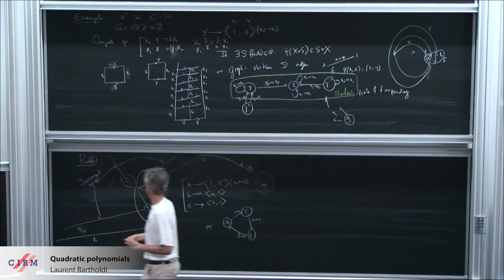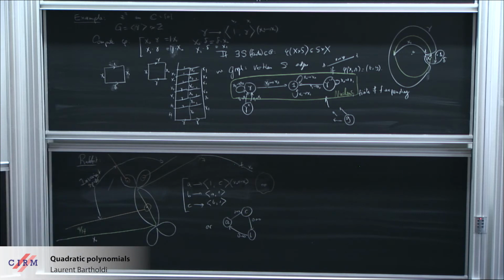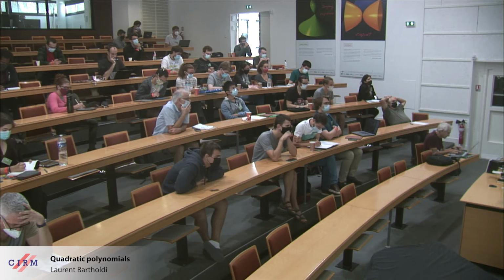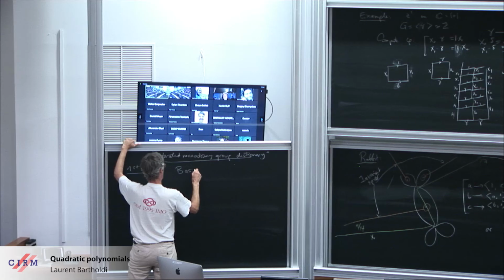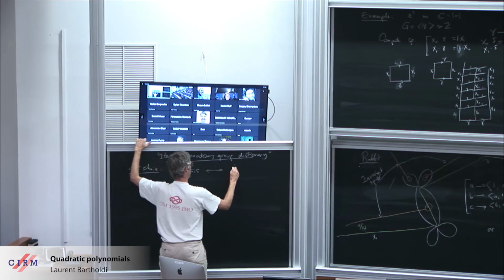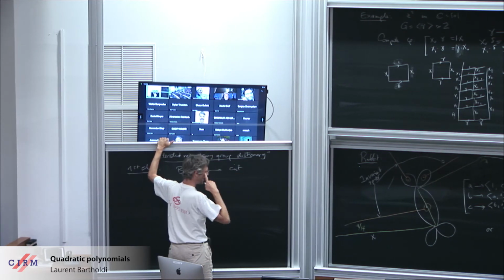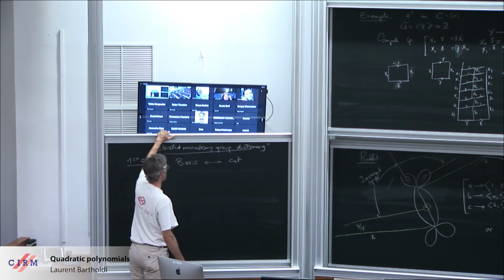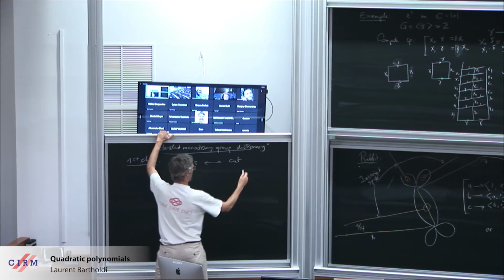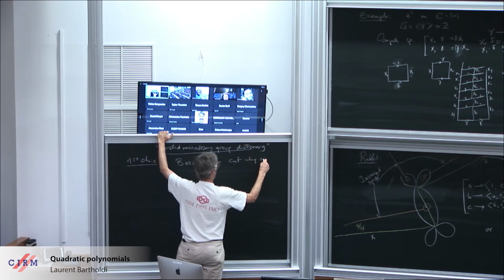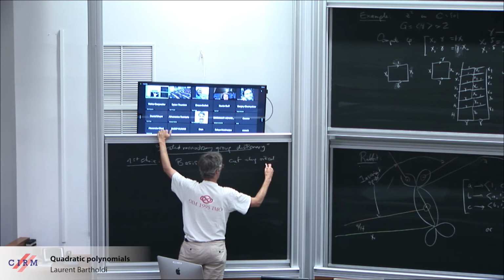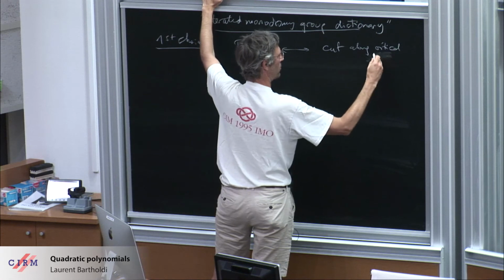So this is the beginning of the dictionary, probably, which is basis, cut along critical value, critical point rate.